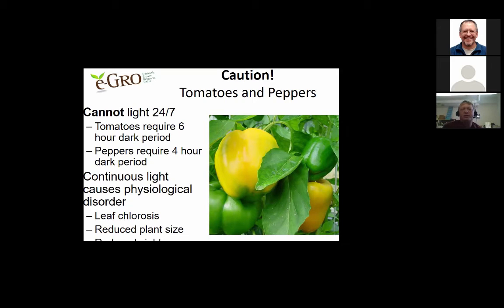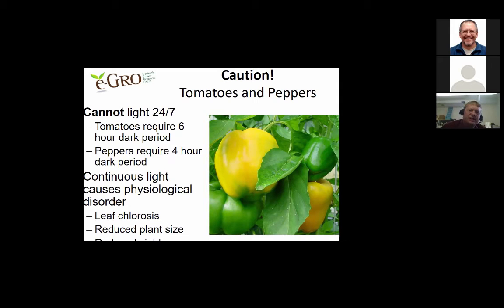There has been a lot of research looking into physiological disorders that result from continuous lighting. So we actually can't light these crops 24 hours a day, 7 days a week. With tomatoes, they need about a 6-hour dark period, and peppers require about a 4-hour dark period.